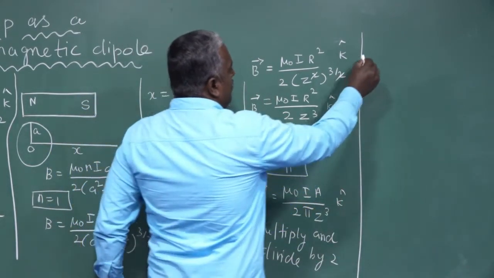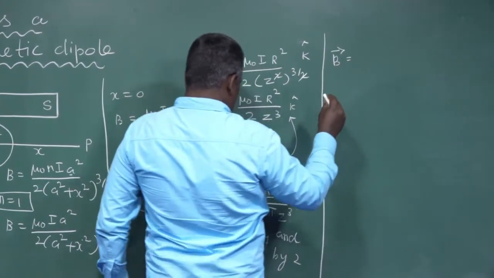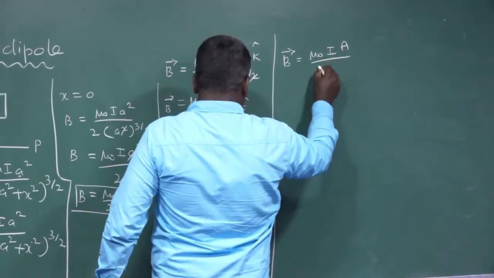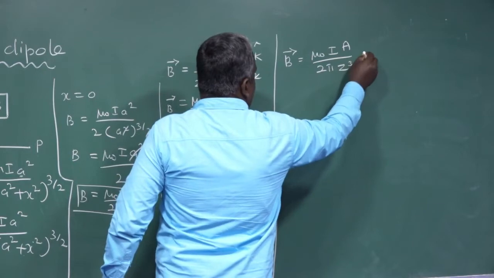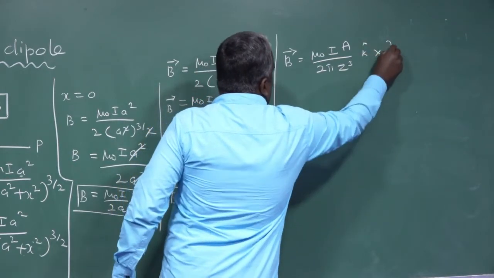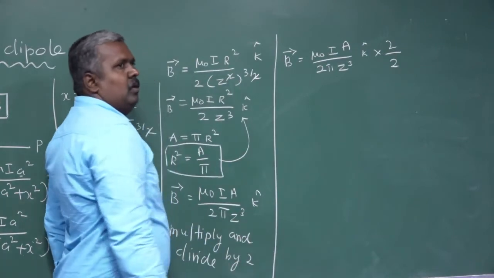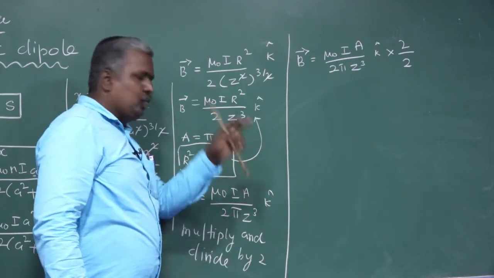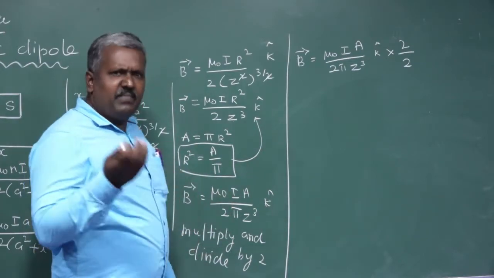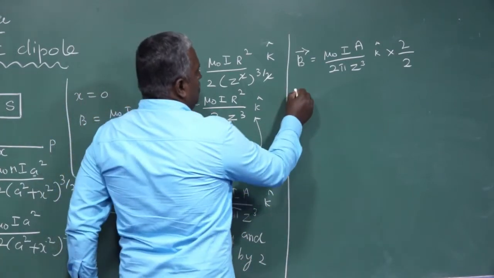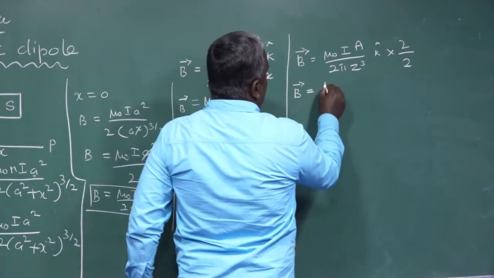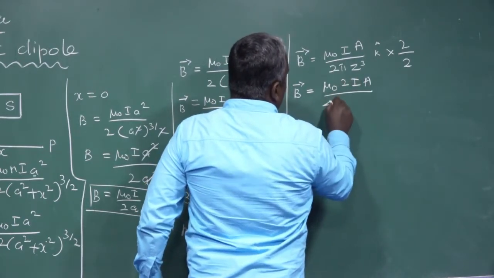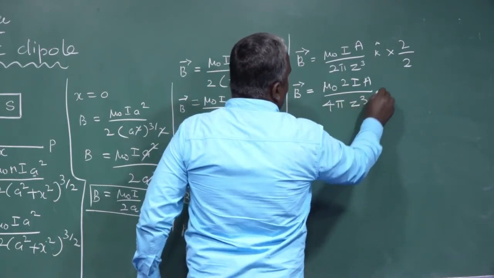So B vector is equal to mu naught I A by 2 pi Z cube into K cap into 2 by 2. This equation we multiply and divide by 2, that's all, for our convenience. So B vector is equal to mu naught 2 I A by 4 pi Z cube into K cap.